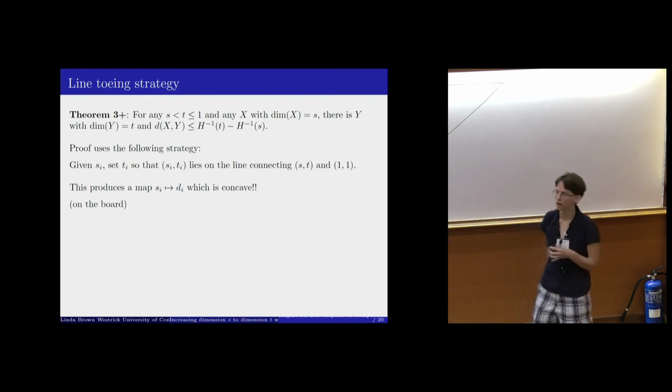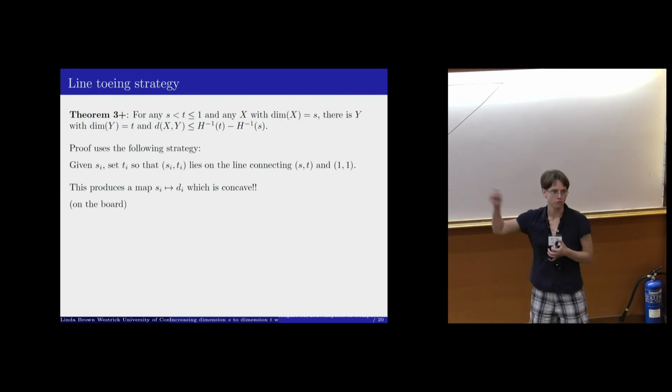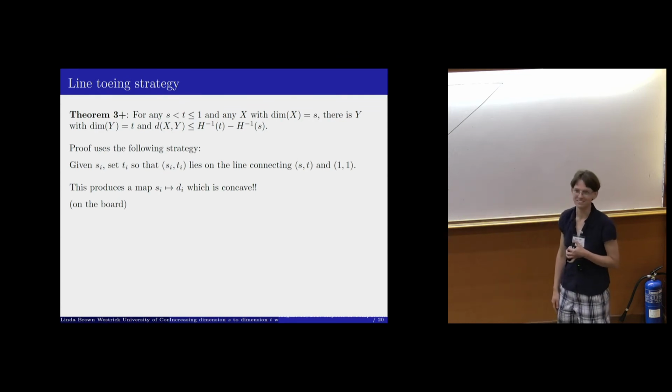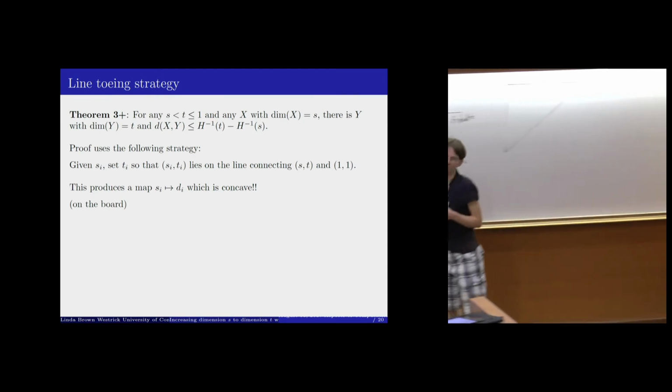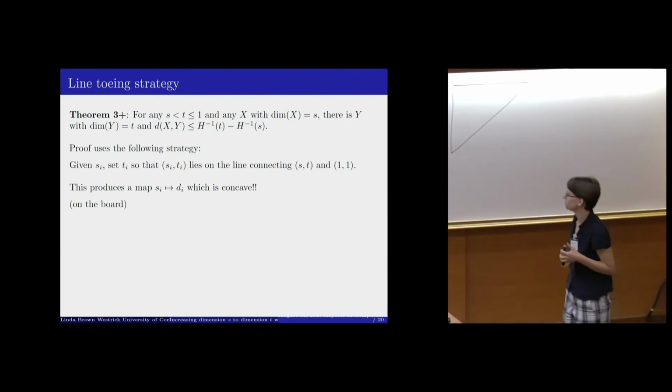But Joe was in the audience, who was one of the co-authors for the first part of the work, and he was like, "Come on, we can figure it out." So this line towing strategy came from Joe, and so we were working on it.